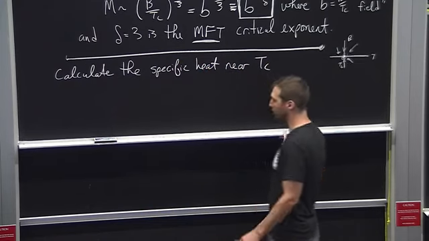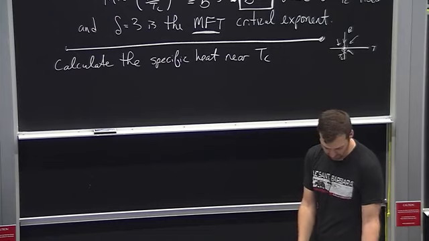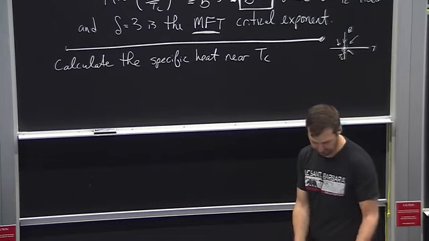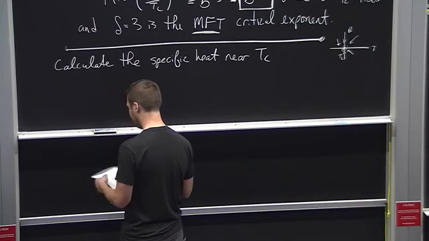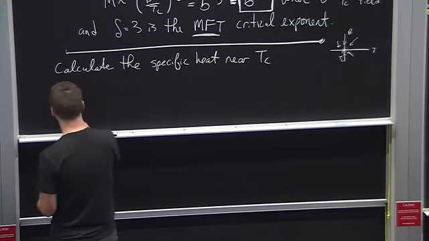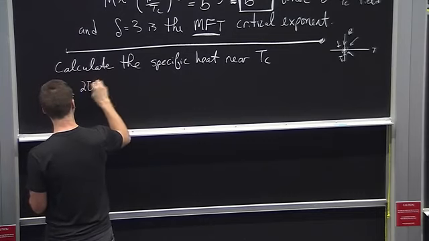So again, approaching the transition, what do I want to use? A definition of, let me just remember how this works. So I'm going to call it CV, just to distinguish from other C's.